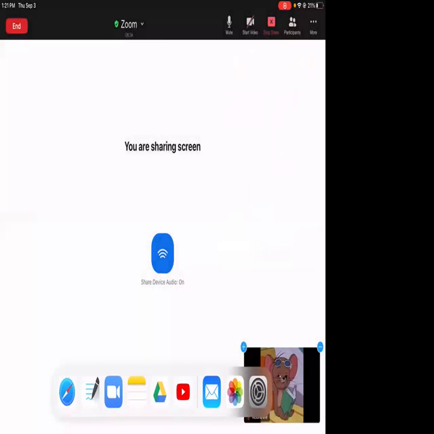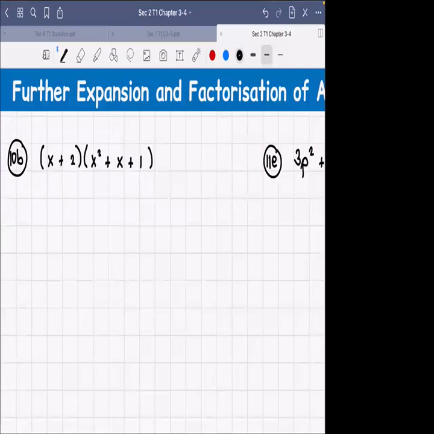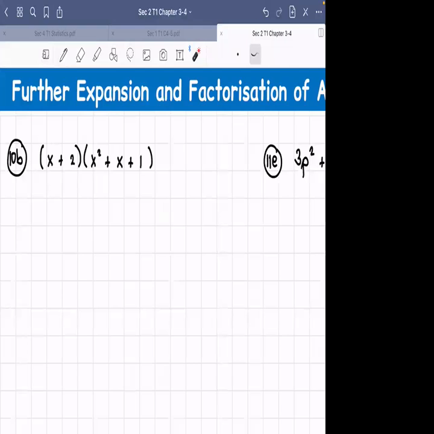Okay, again, this is 10B on page 102. So how do we multiply x plus 2 times x squared plus x plus 1? So this is x times the whole bracket here. Everything is inside, right?